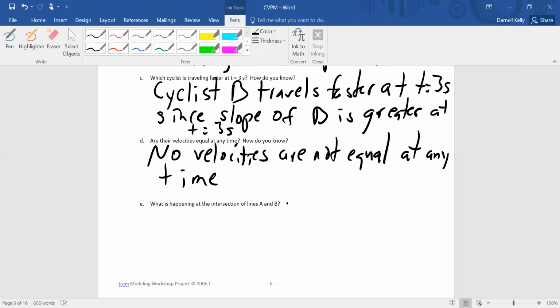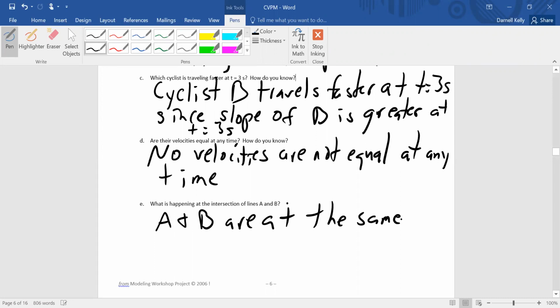Any guesses? They were at the same distance. Yeah, they're at the same point. That's exactly right. So they meet up for 1 second and then they pass each other. So A and B are at the same position, using our lexicon: position, distance, displacement. So they meet up at the same point.